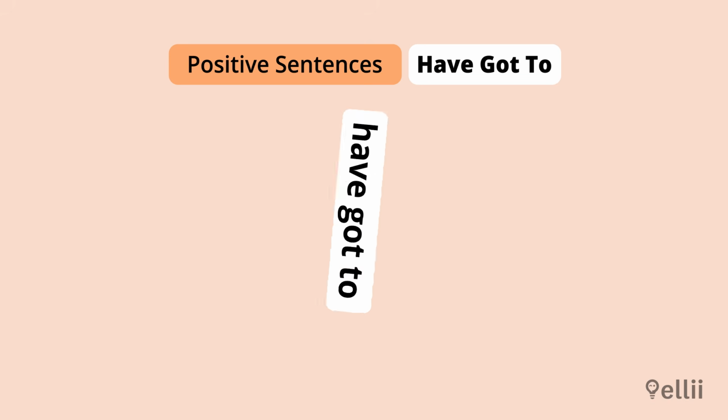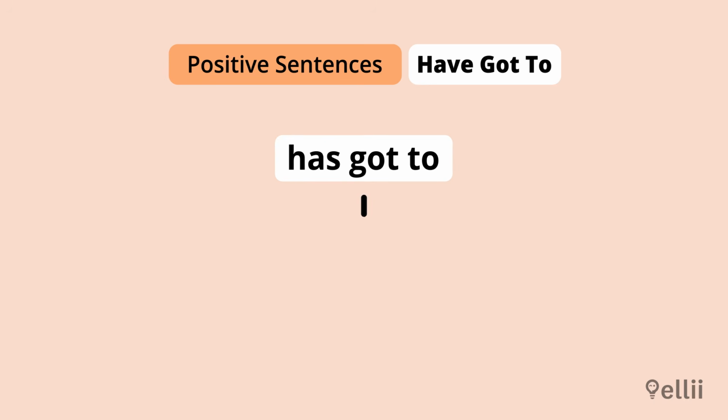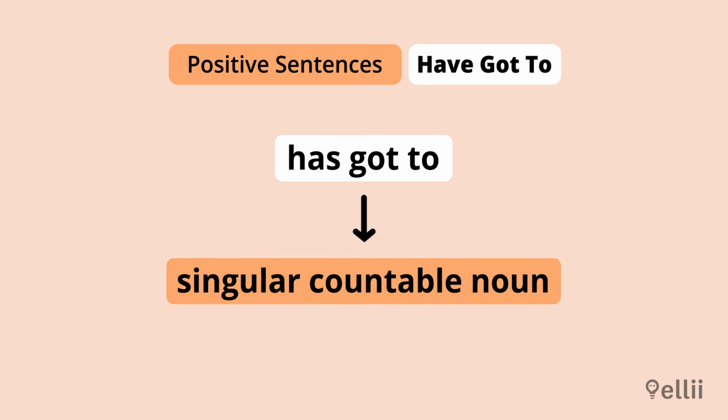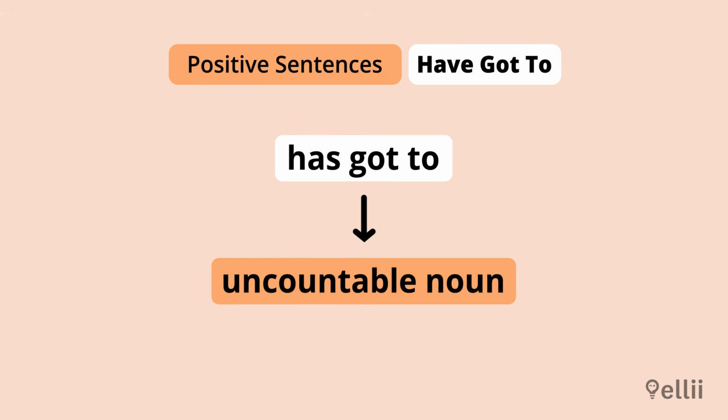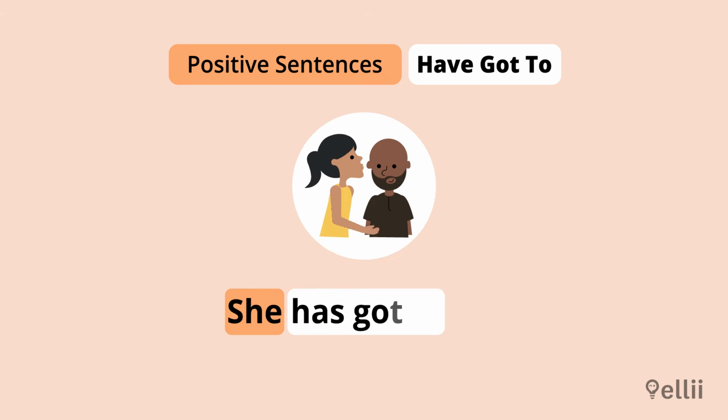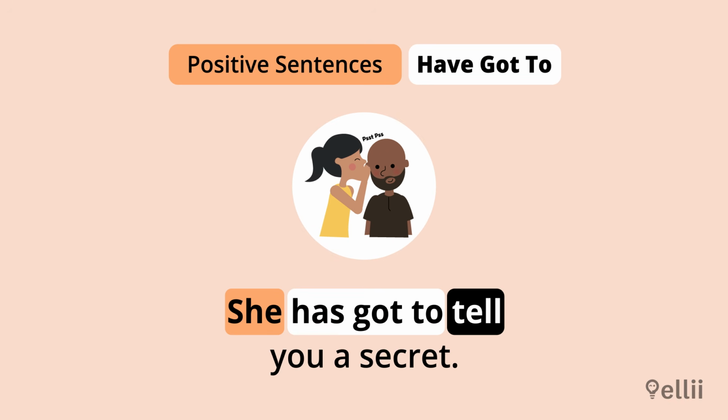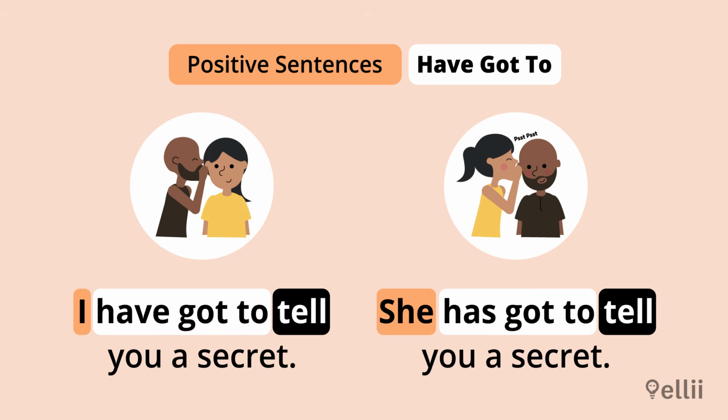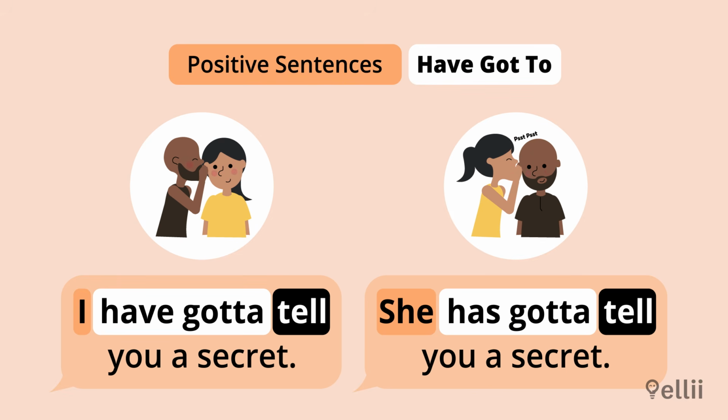Have got to becomes has got to when the subject is he, she, it, a singular countable noun, or an uncountable noun. She has got to tell you a secret. Did you know that got to sounds like gotta in casual spoken English?